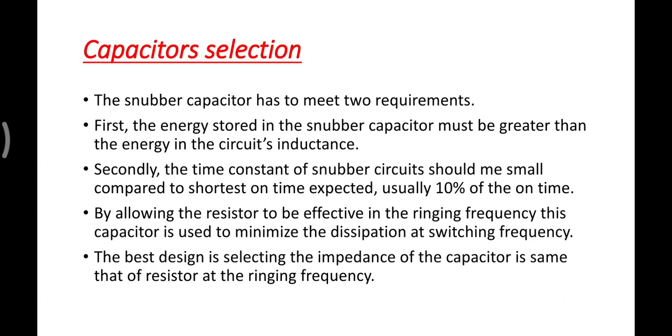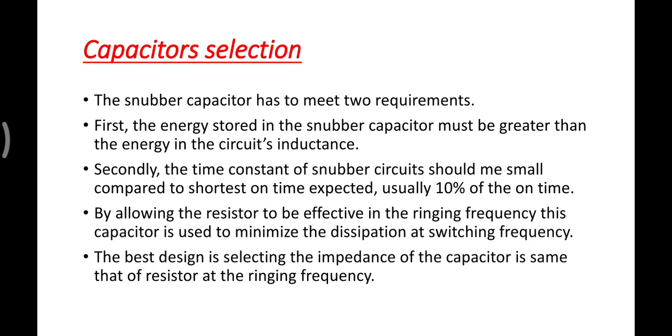Generally we are using inductive loads, so there is some inductance in the load. We have to choose the capacitor so that the energy stored in the snubber capacitor is greater than the energy in the circuit inductance. That is the first condition we have to satisfy for the selection of the capacitor.